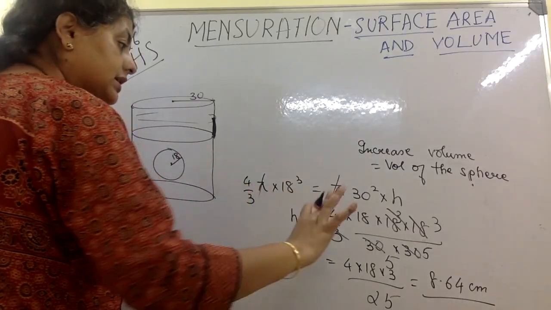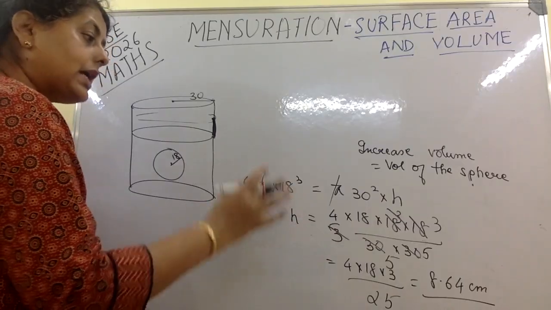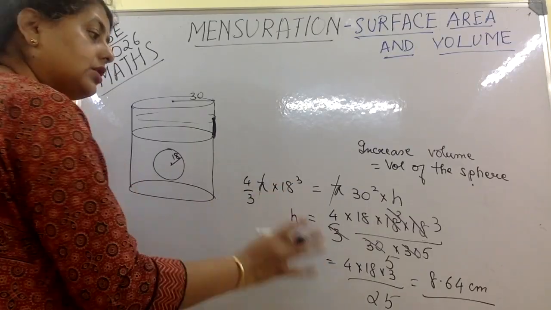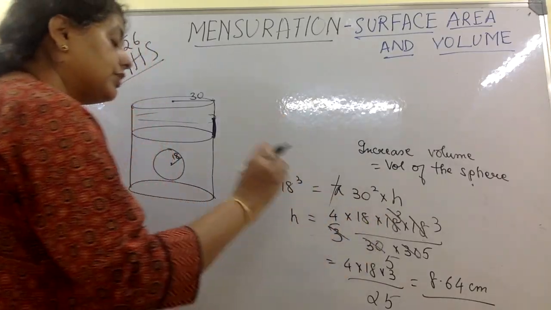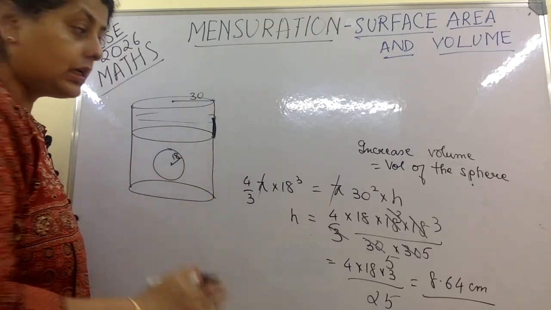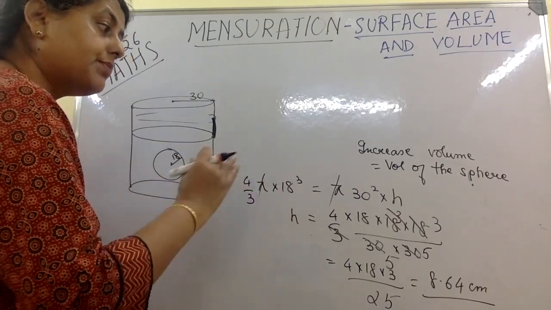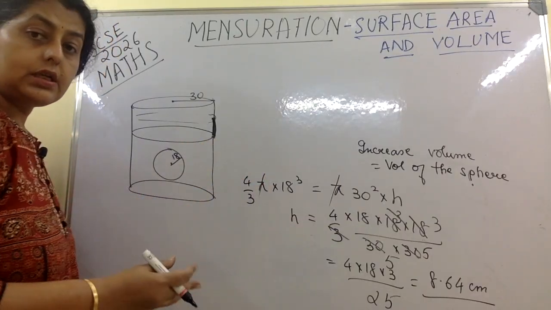Work like this, get rid of pi, and if any other cancellation is possible, please do it, and then lastly do the multiplication only of what is remaining. Never multiply 18, 18, 18, you will not be able to do half of the paper if you do like that. So always, instead of multiplying, spread it out as factors and cut the factors and reduce them.